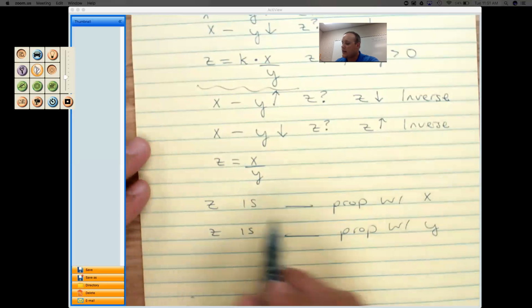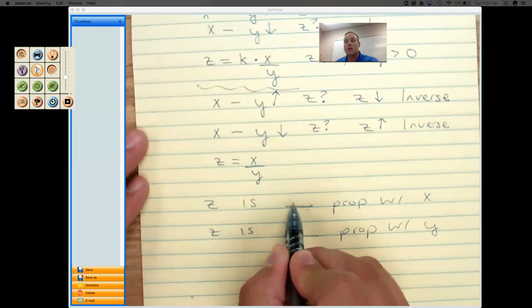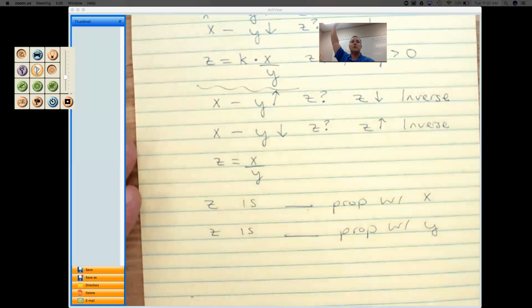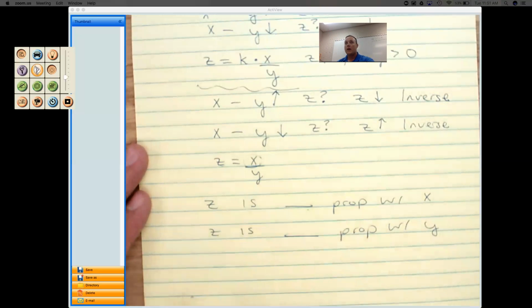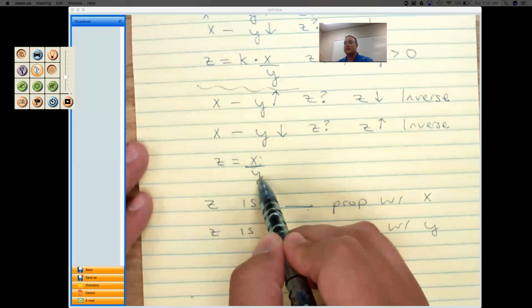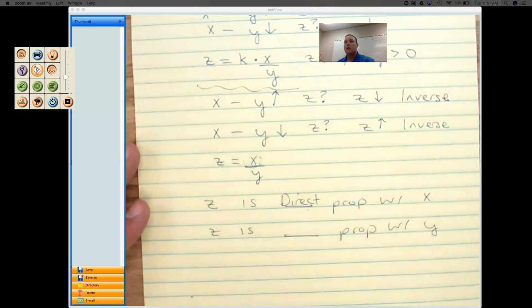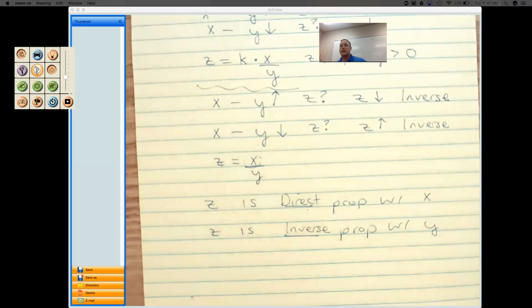All right, just answer as a class. Z is what type of proportion with x? What do we think? Direct, inverse? Raise your hand if you believe direct. Raise your hand if you believe inverse. Okay. With direct relation, right here, if x would increase and I'm dividing by the same amount, z would increase. So this is directly proportional. All right, so z is what proportional with y? Answer as class. Inverse. Wonderful. It is inversely proportional.